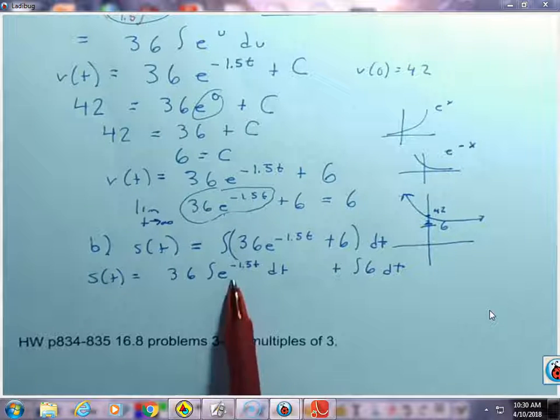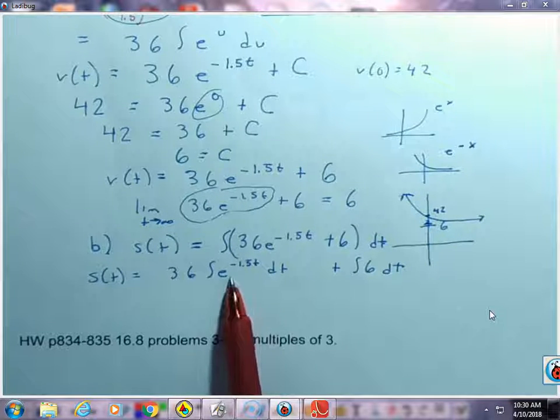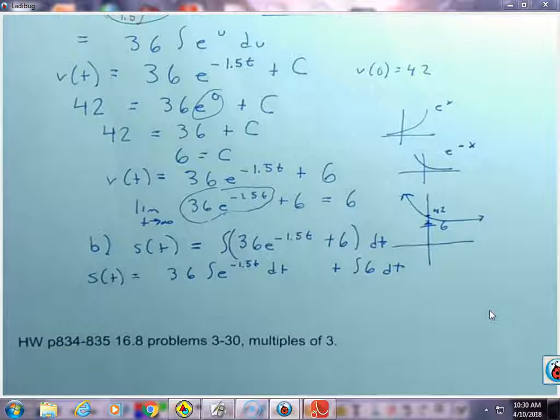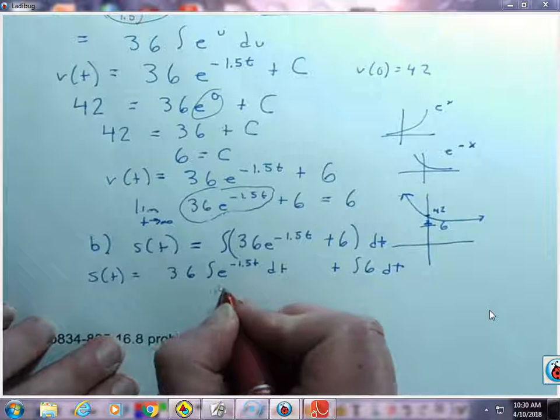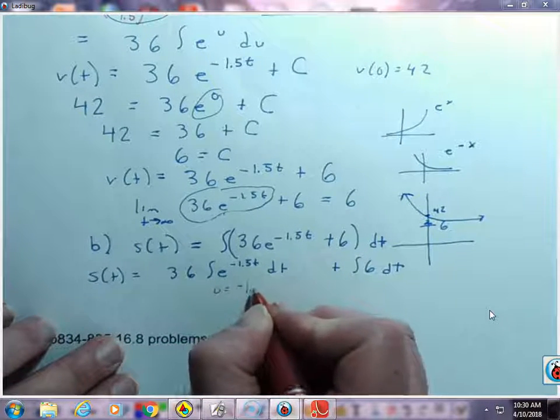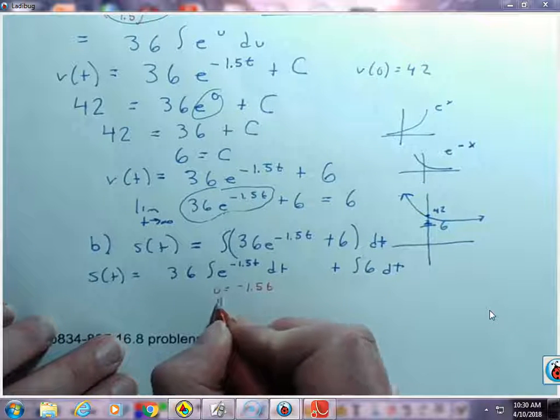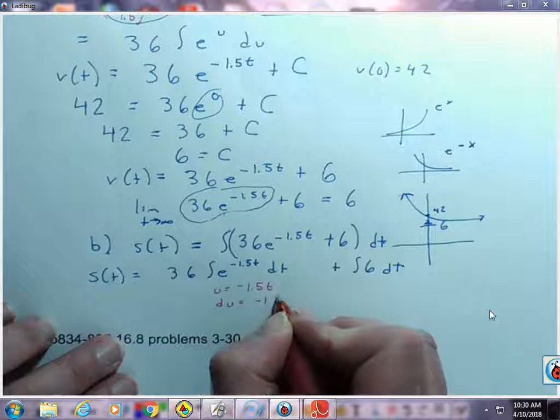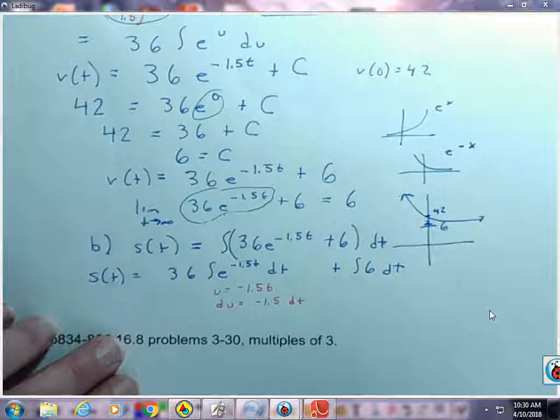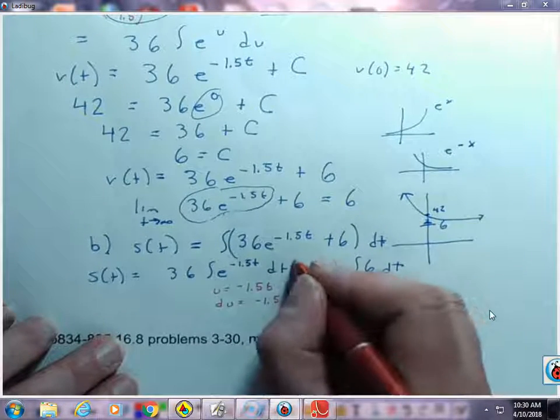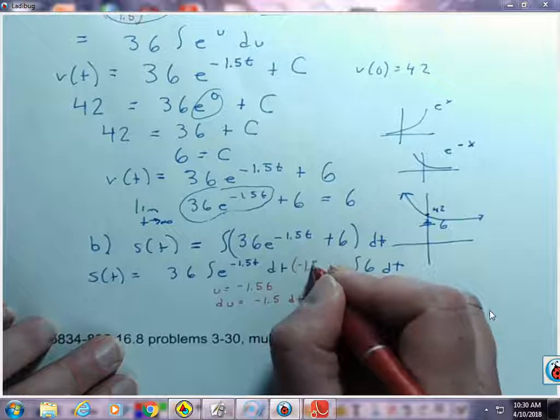Now this is the same u substitution we already did, so we should be kind of good at it. That's u, that's du. We might as well stick with our decimals at this point.